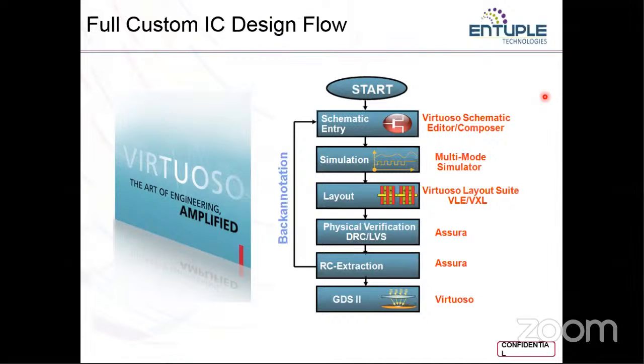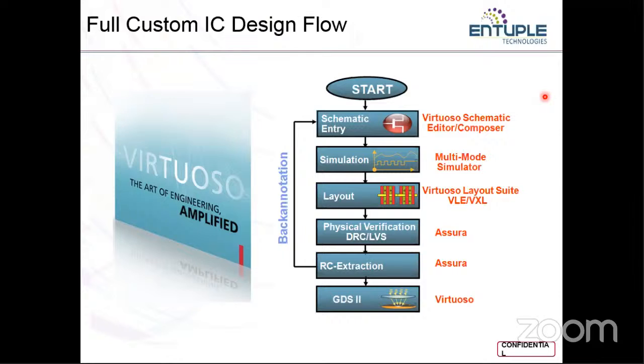So for physical verification processes like DRC and LVS, and for parasitic extraction, we have a tool called Assura that is provided by Cadence, and for lower technology nodes we have a tool called PVS. To check the impact of these parasitic components, we redo the simulation. How do we redo the simulation?